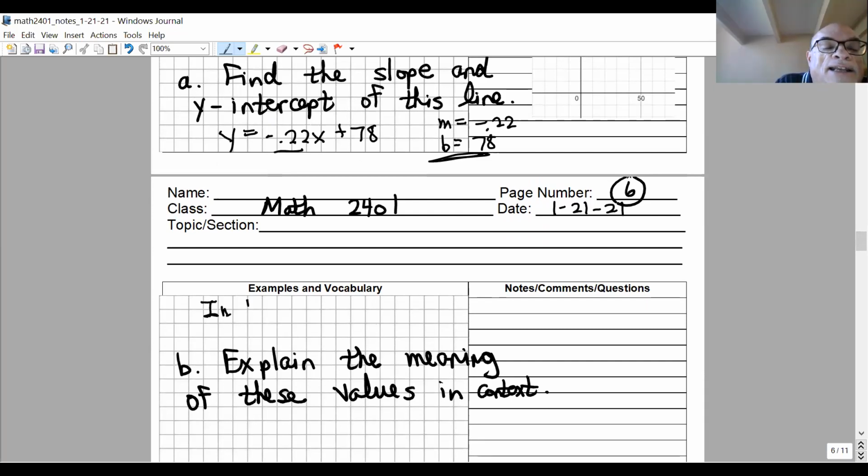So in 1990, the life expectancy of female high school dropouts is, or was, I guess, 78. See, that's too easy, right? But that's what I mean by interpreting a value in the context of the problem.